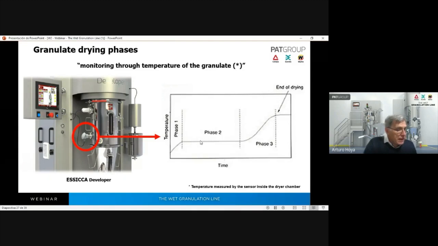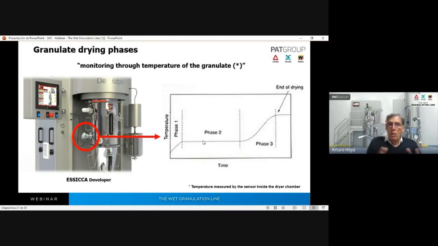Phase 2 is the phase of maximum velocity of evaporation. So this phase can last 10, 20, or 30 minutes, and the temperature is constant, it does not move.